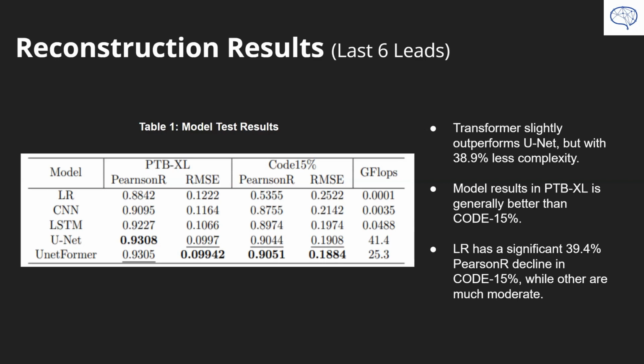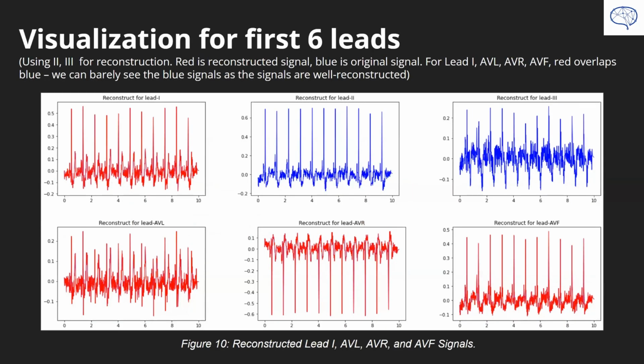Therefore, we suggest that models with high computational complexity or high expressivity are still very necessary for decent reconstruction. For visualization, the blue lines represent the ground truth signal, and the red lines represent the reconstructed signal. In these 6 images for the first 6 leads reconstruction, you can see that lead 2 and lead 3 don't have a red line because these are just the input leads.